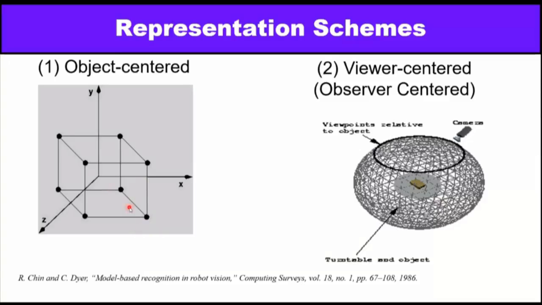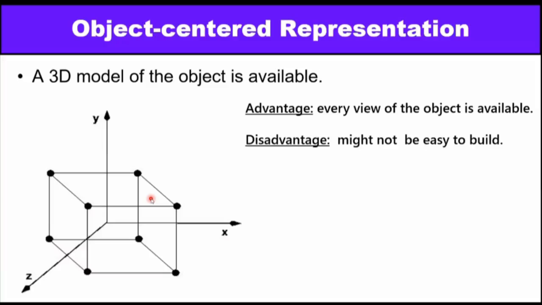So where is the object? You search for the object and align your camera to it. So the camera is adjusted for the object. This is what is called the object centered view. So whether you are looking from the object side or from the camera side, these are the simple parts of this representation scheme.